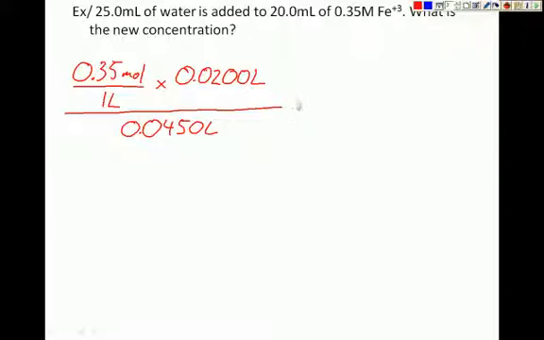And if we did that, we'll find that we're going to get a concentration of iron 3 ion that is 0.16. 2 sig figs, so our answer is 0.16 concentration of Fe.